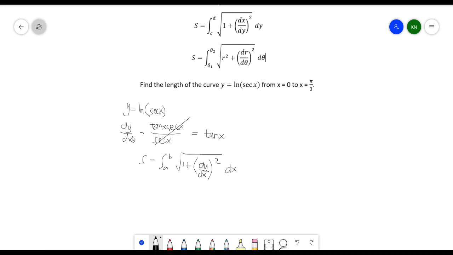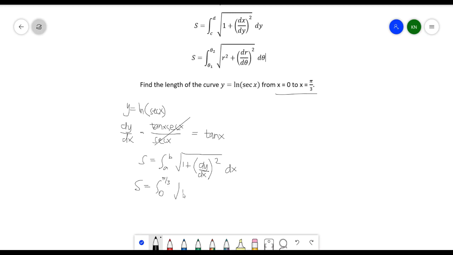As we know, dy over dx is equivalent to tan x, so we'll just plug that into our equation. We have our limits: x equals 0 is our lower limit, and pi over 3 is our upper limit.